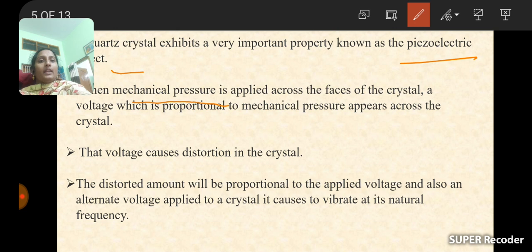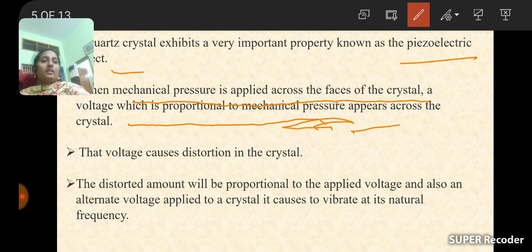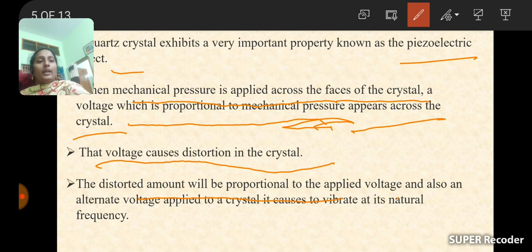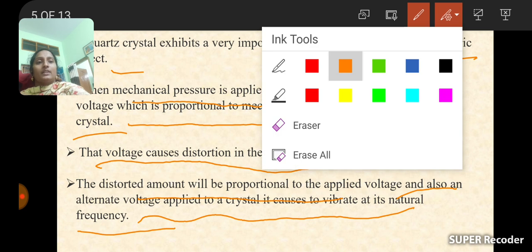When mechanical pressure is applied across the faces of the crystal, a voltage proportional to the mechanical pressure appears across the crystal. The voltage causes distortion in the crystal, and the distortion will be proportional to the applied voltage. Also, an alternating voltage applied to the crystal causes it to vibrate at its natural frequency.